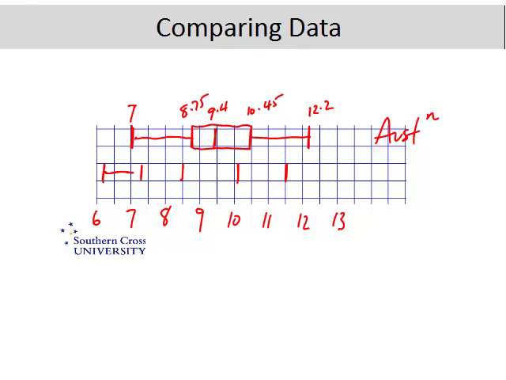So this lot form the whiskers, this lot form our box. This was 6.2, 7.3, 8.5, 10.1, 11.5, and this was for the English funds.